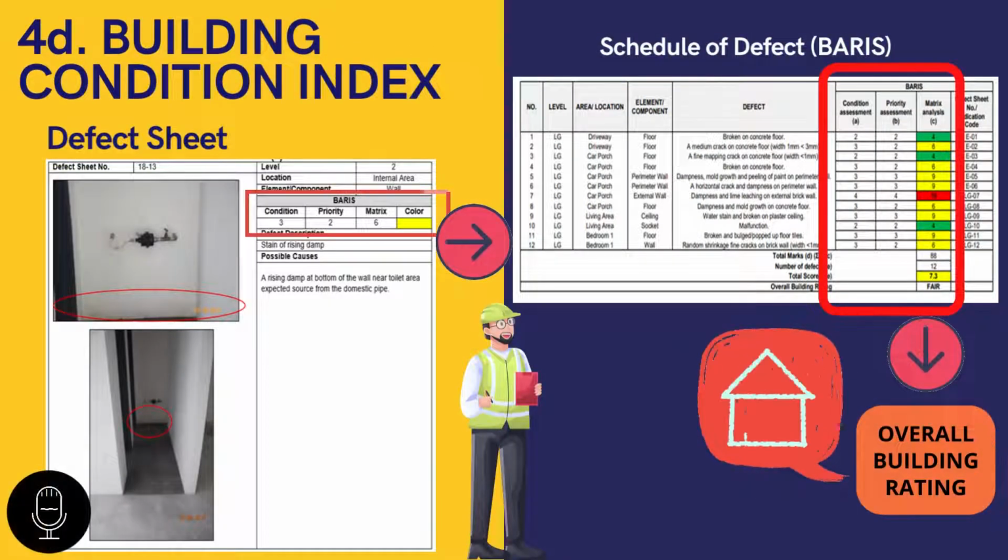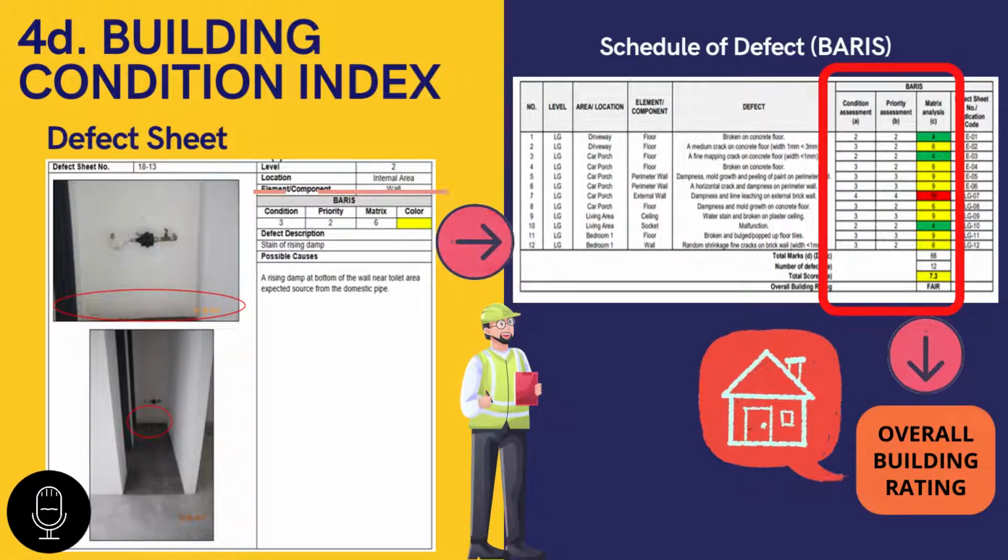The building condition index is actually a process of calculating numerical values to get an overall building rating. It involves a scale value from the condition levels and a scale value from the priority levels, so that from condition and priority we get a matrix analysis.